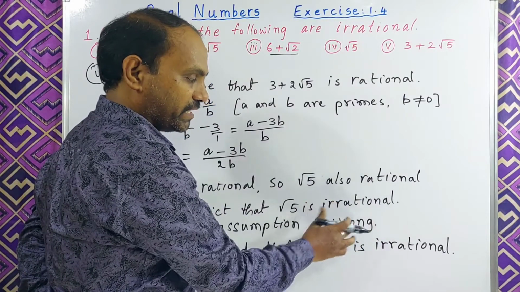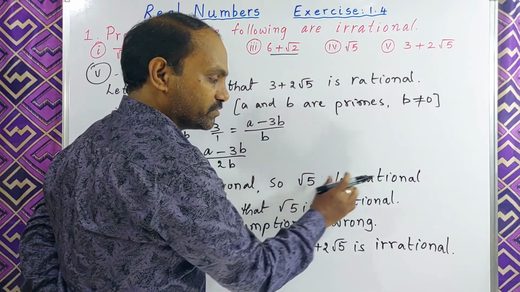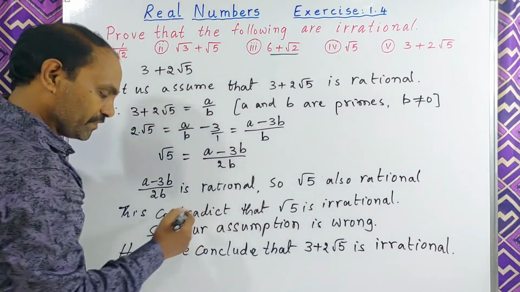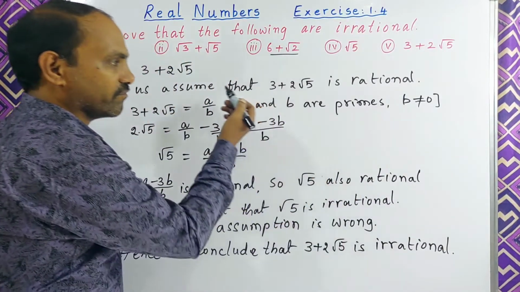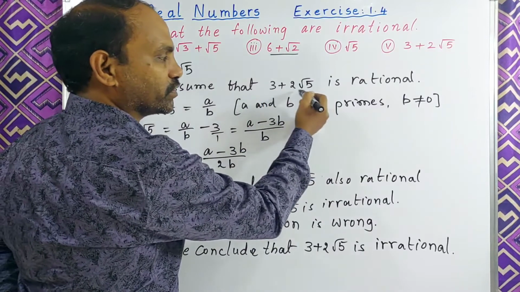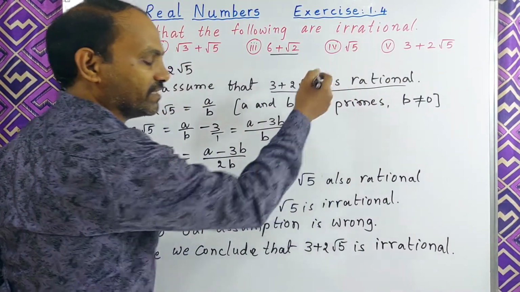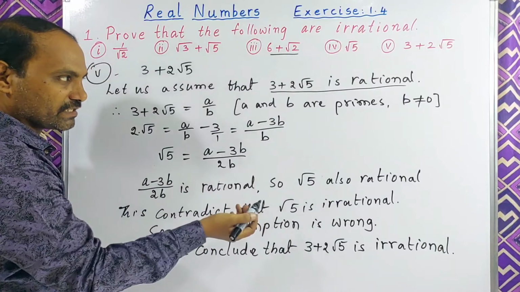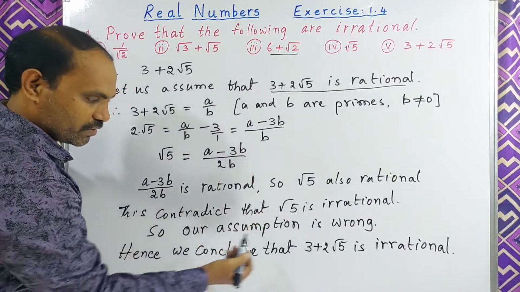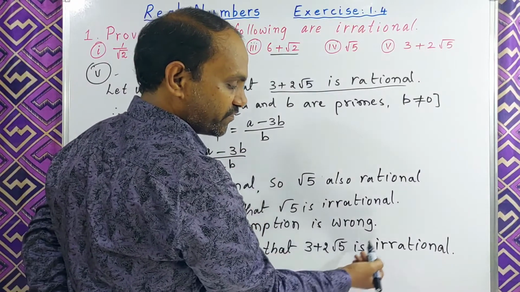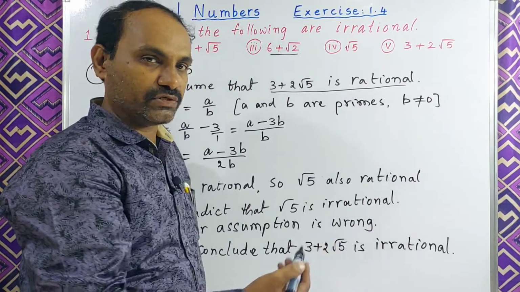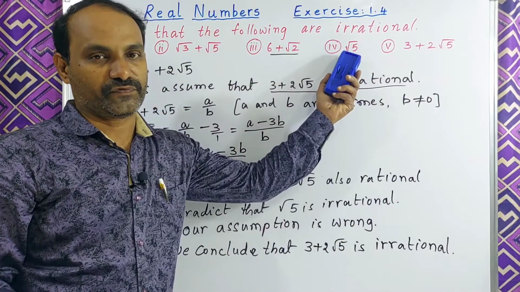But here the answer becomes root 5 is rational, so our assumption is wrong. We took 3 plus 2 root 5 is rational. That one is wrong. What is the correct answer? 2 root 5 is irrational. Is it understood? Let us check the fourth question.